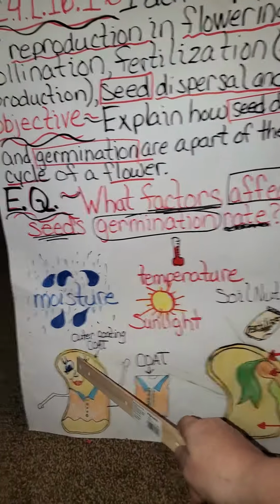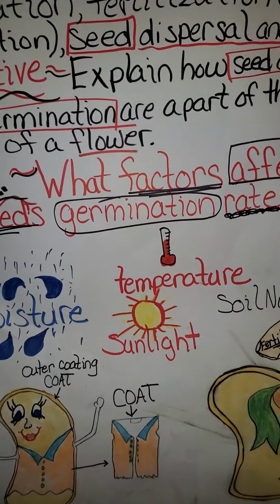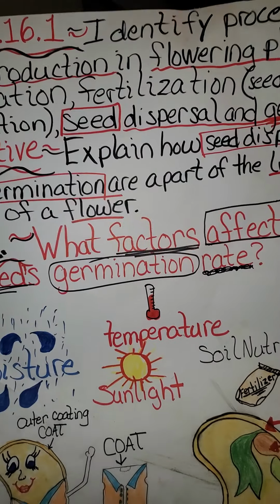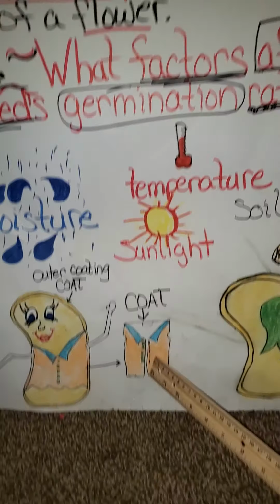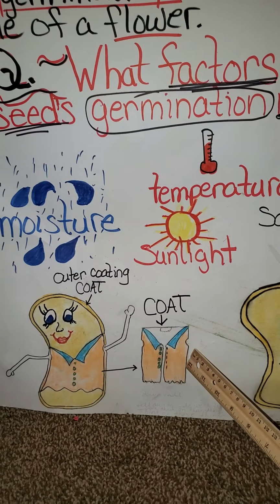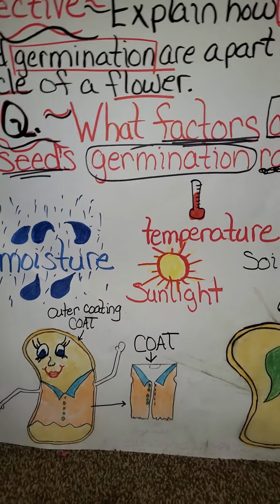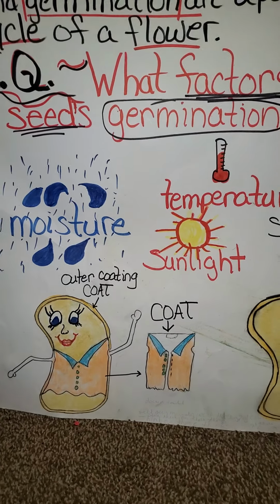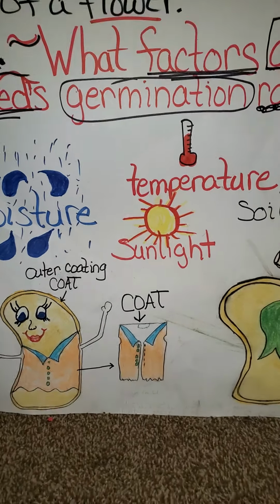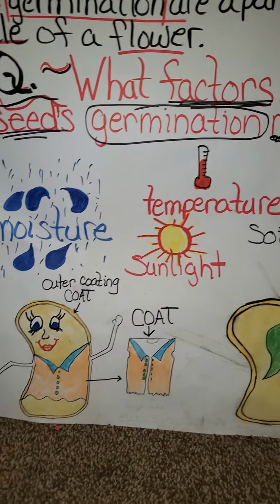Okay, George? Now, remember, the seed that we're going to be working on has an outer coating, like a coat. We went over this yesterday, just like a coat. You know how we put a coat on and we put a mask on right now when we go out, and maybe some gloves to protect us from getting sick, protect us from getting cold.